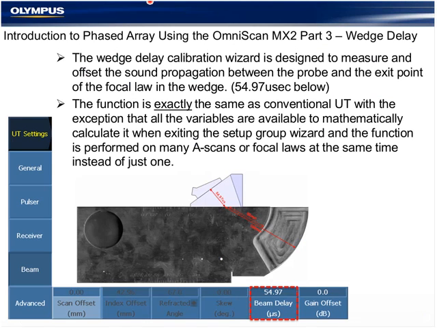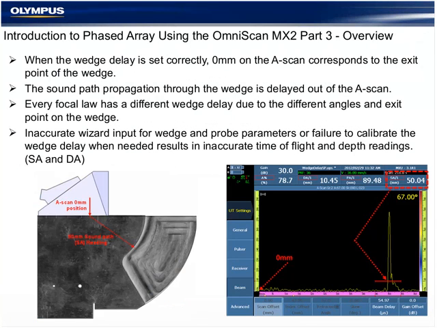What wedge delay does from our A-scan is calculate the time of flight through the wedge in microseconds for every beam, exactly like conventional UT. The velocity is known, the position is known, so the software can make that calculation. This is no different than conventional UT, except that we're doing it over many different angles.